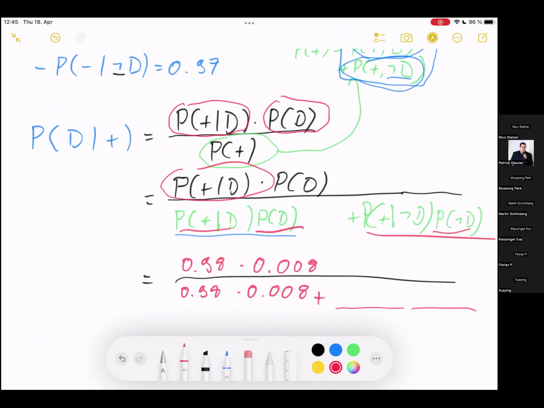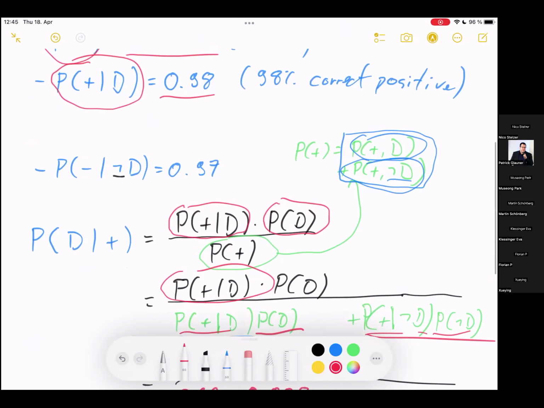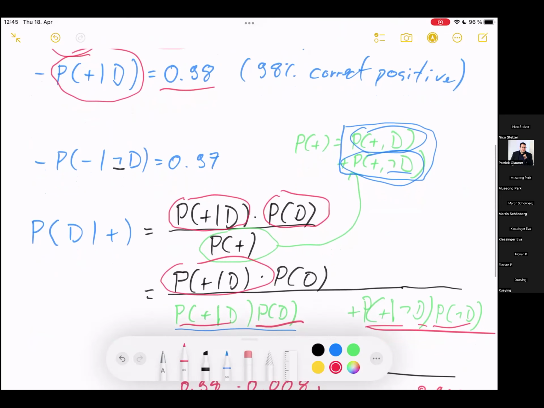So not having the disease is 0.992, because you either have the disease or not. And one that is a little bit more tricky is the probability of a positive test given that you don't have the disease. And what we have here is this probability. We see it's the probability of a negative test given not having the disease.